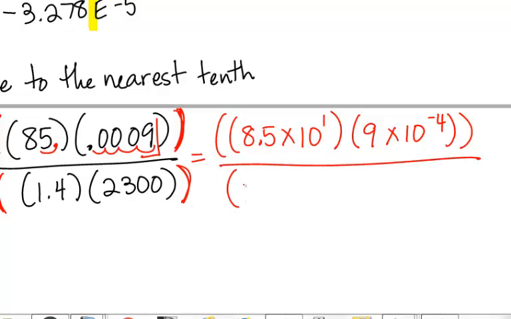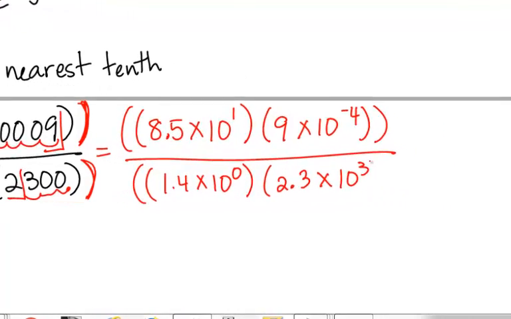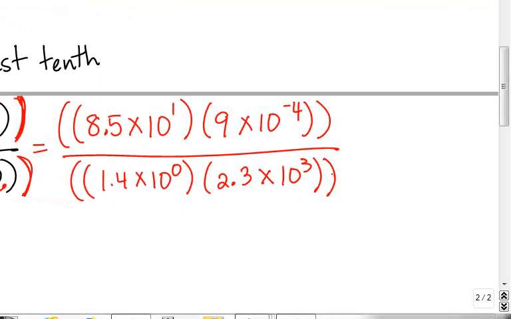The 1.4 is already scientific, right? 1.4, that would actually be times 10 to the 0, or just 1.4. Move this decimal over 1, 2, 3. 2.3 times 10 to the third. Close the parentheses, close the parentheses.